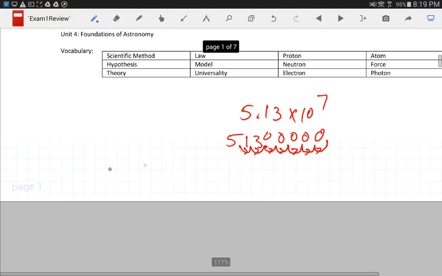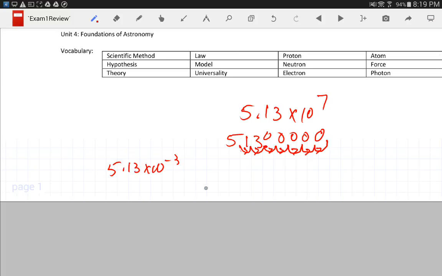So if I had 5.13 times 10 to the minus 3, I'd write 5.13, and then I move it 1, 2, 3 to the left, because it's a negative sign. So that's how you do scientific notation. And of course, if you can do it one way, you should be able to do it the other way. You just count those places you would have to move the decimal and put the times 10 raised to.